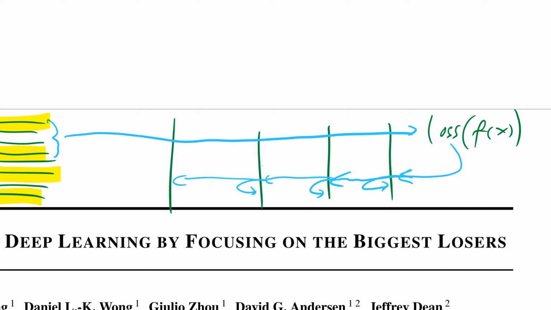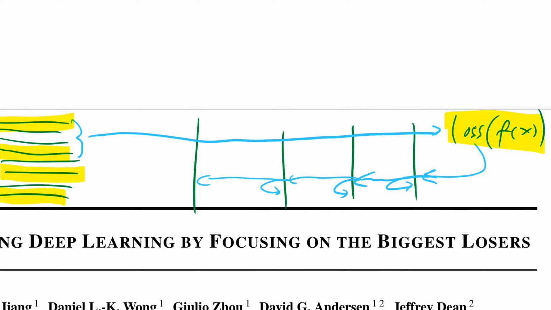And the way they select the important examples is by looking at the loss. So they basically say, whichever examples have a high loss, these must be the important examples. These are the hard examples. And if we only train on the hard examples, or if we train on the hard examples more, then the network will learn on these hard examples faster. Of course, there is an implication there that if your network is good on the hard examples, it's also going to be good on the easy examples.